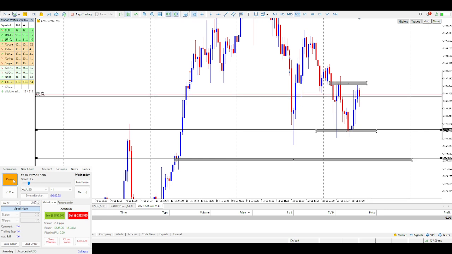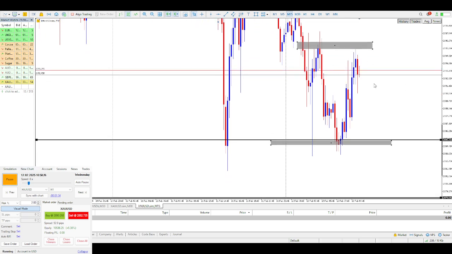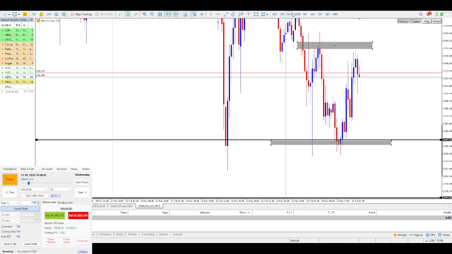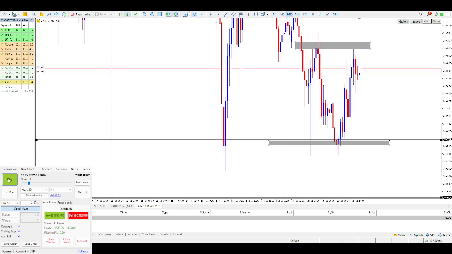Let me reduce the speed. M15. Let's see how this M15 closes, because we are approaching the zone. Price should not break that M15 high.